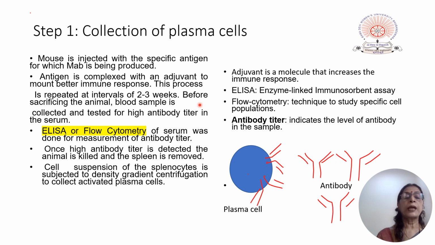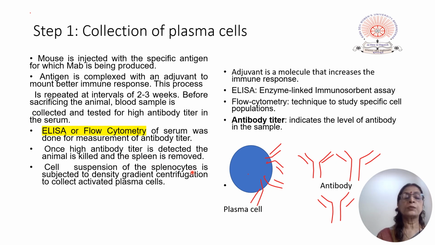Then from time to time the blood sample of the mouse is drawn and tested through ELISA or flow cytometry to detect the level of antibody titer, or the concentration of the antibody. Once the concentration reaches a specific level, the mouse is sacrificed and the spleen is removed.